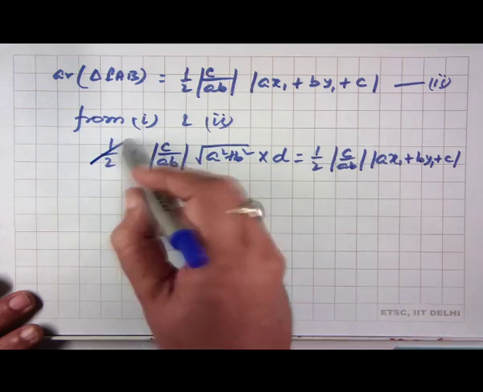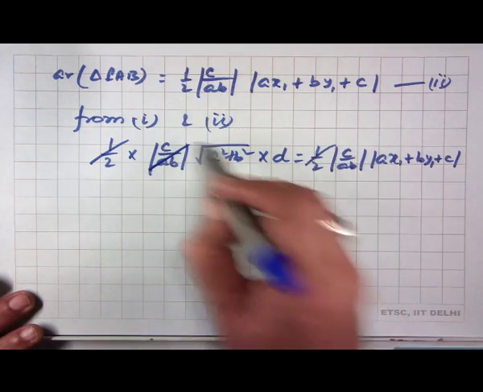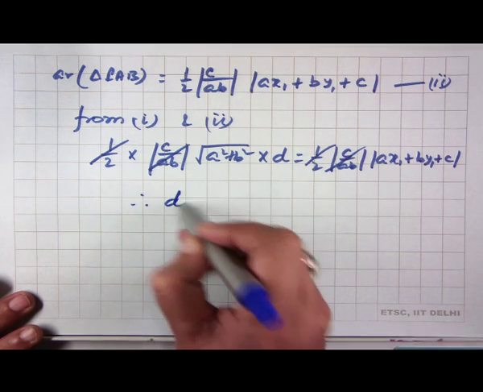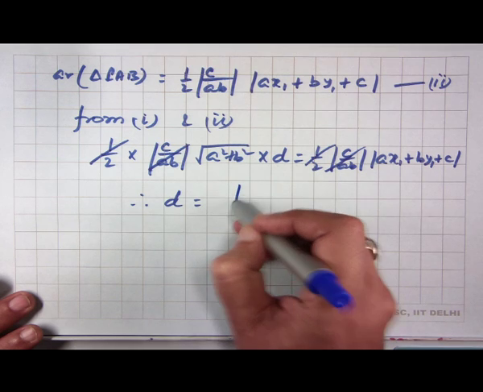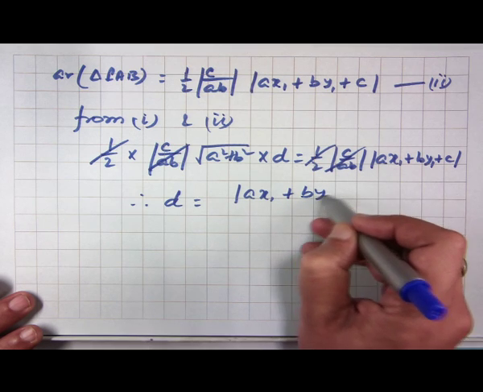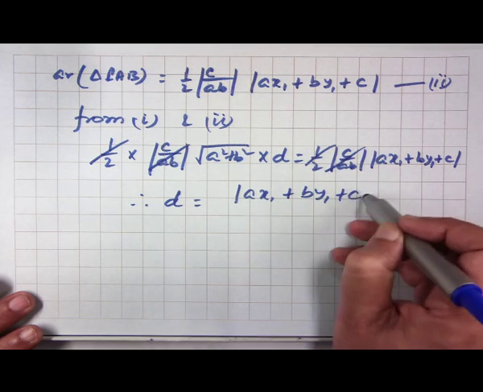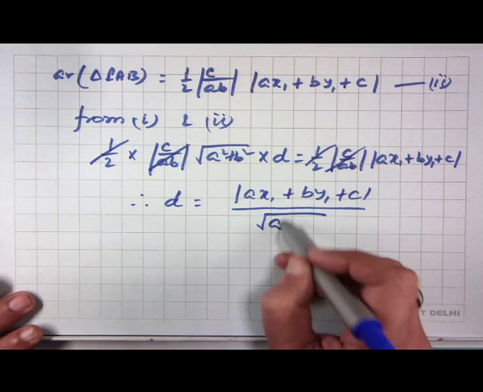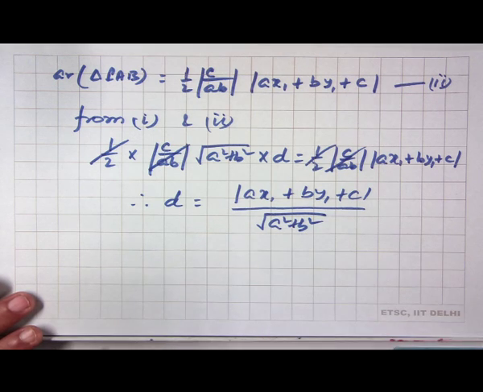So half half cancel, c by ab cancel. So d is equal to mod of (a x1 plus b y1 plus c) by square root of a square plus b square.